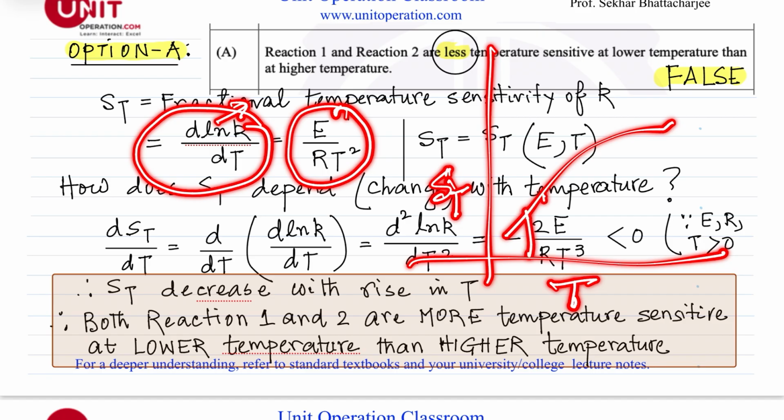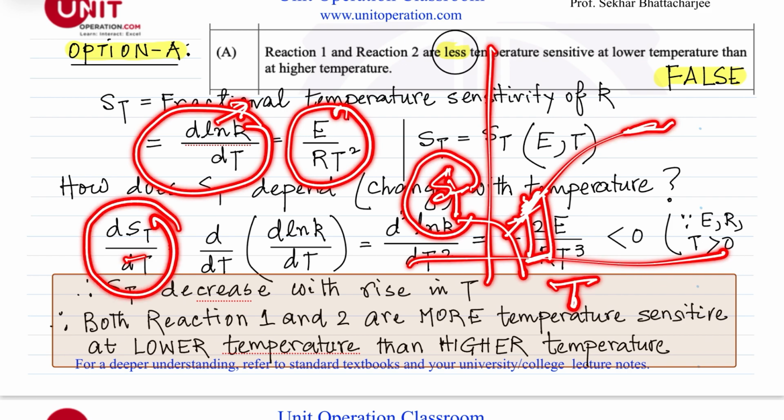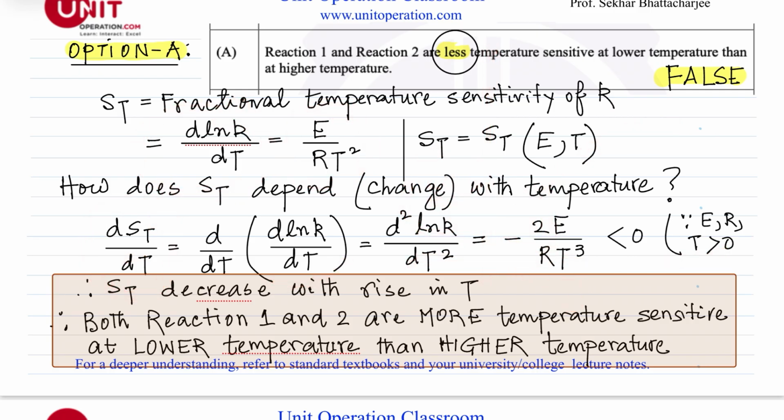Sometimes it's much more sensitive at lower temperature. That means this sensitivity is very high at lower temperature compared to higher temperature. So how do you find that out? For that, let's take the derivative of this one. If we take the derivative, then of course this becomes equal to this.